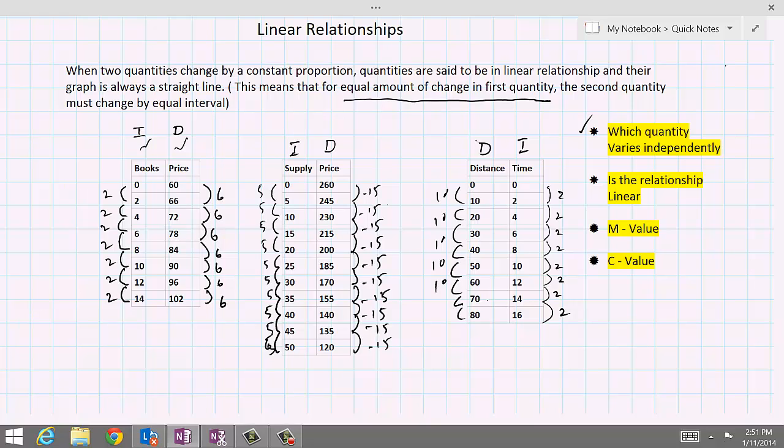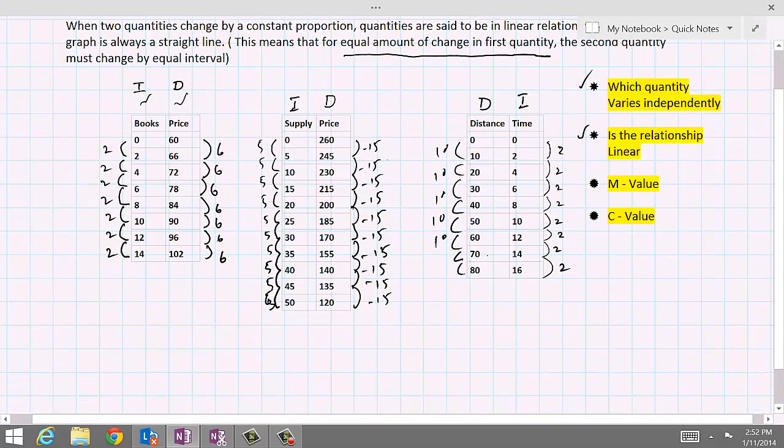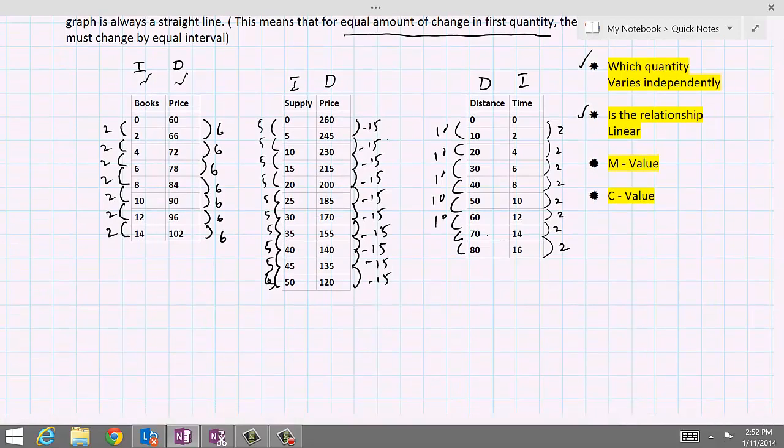That's why if you are only given the names of the 2 quantities as x and y, x is always taken as the independent variable, and the y, which is along the vertical, is always taken as the dependent variable. Anyway, question number 2 has been answered as well: which quantity varies independently and which varies dependently. And now we are going to find out m values and c values.